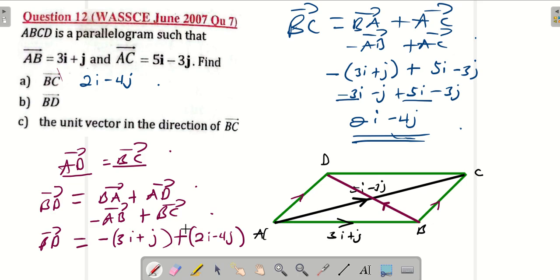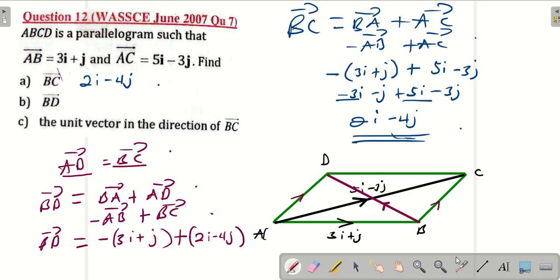Then we can expand. So we will have negative 3I plus 2I, which is negative I. Then J, negative J minus 4J is negative 5J. Is that the answer? So we have BD to be equal to negative I minus 5J.